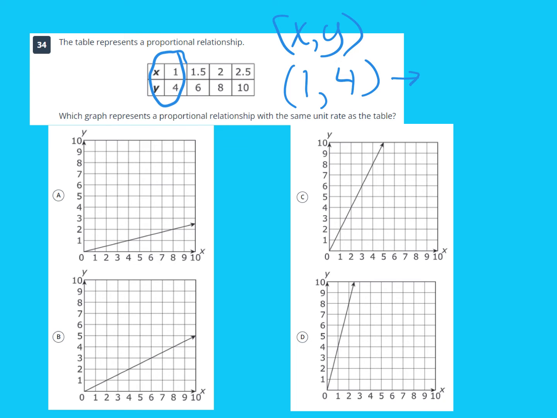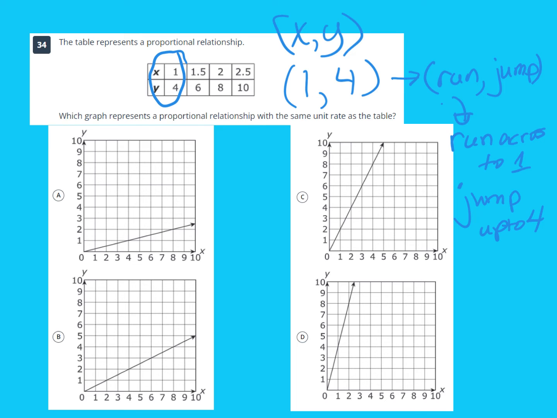Hopefully you remember to always run, then jump, because we look funny when we jump, then run, right? So it means we're going to run across until we get to 1, and then jump up to 4.